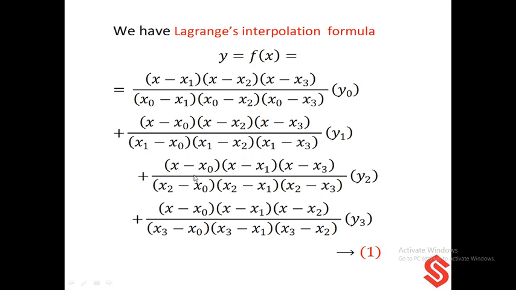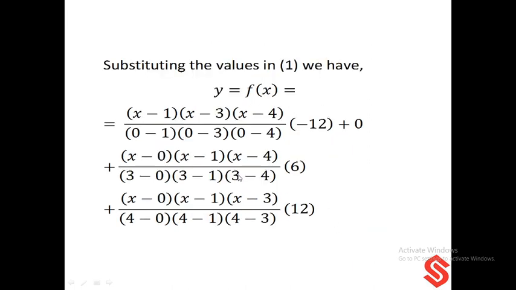Then next term we are not writing x minus x2, so the denominator x2 minus, and the last term we are not writing x minus x3, so denominator is x3 minus. So substitute the values of x0, x1, x2, x3 and y0, y1, y2, y3, keeping x as it is.